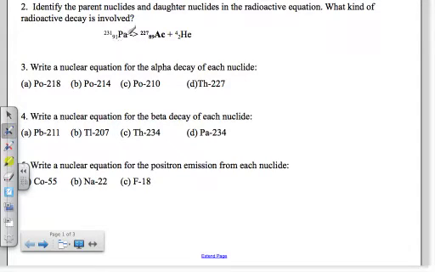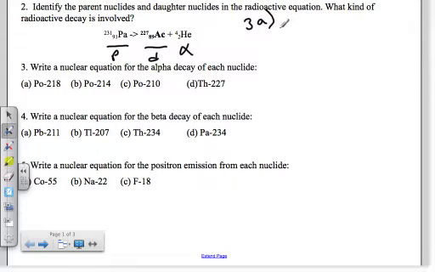So in this equation here, this is the parent, and this is the daughter, and the type of radioactive decay is alpha. Now we're going to write some equations for the alpha decay of each nuclide.